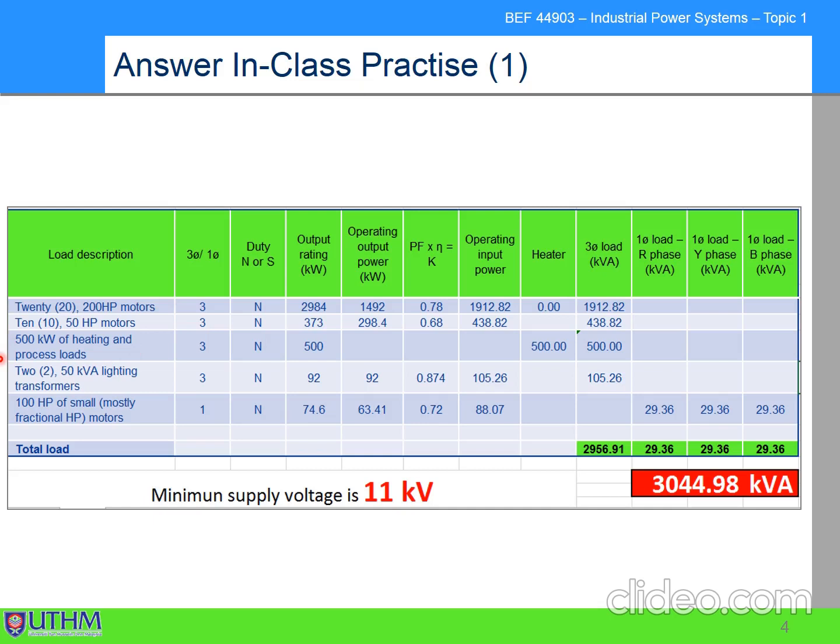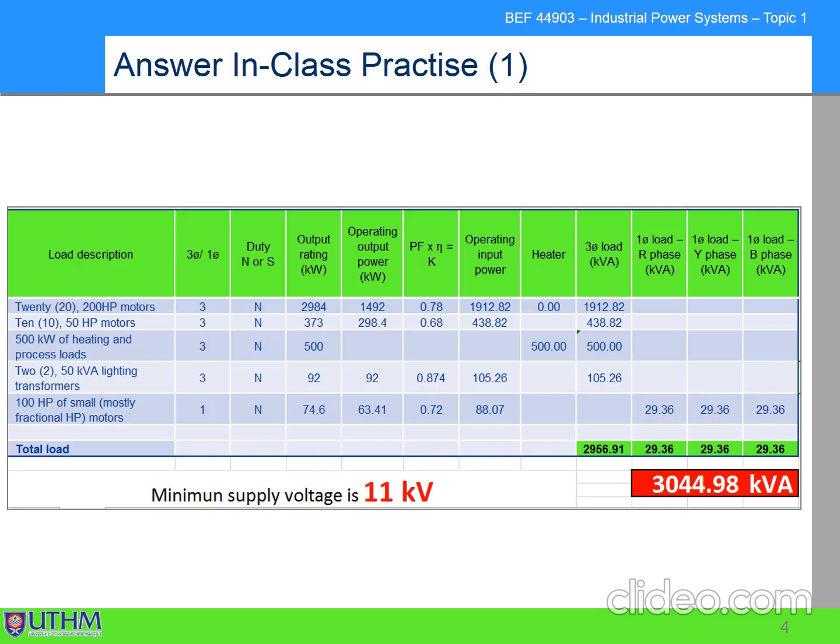Okay, 500 kilowatt. There is no K value given, so we just take the kilowatt here, and then we take the kVA value here. Next we go to 2 units of 50 kVA lighting transformer. We multiply 2 with 50 kVA to get the kVA value, and then we get 100 kVA.